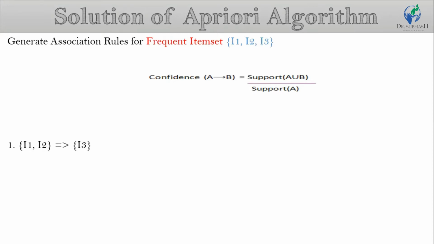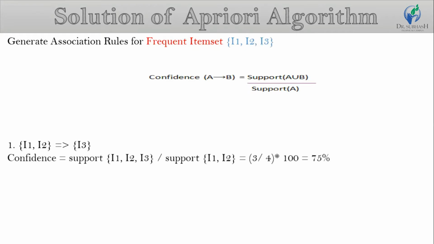Here A is I1, I2 and B is I3. Put those values in the equation. So confidence is equal to support that includes I1, I2, I3 divided by support of I1, I2.